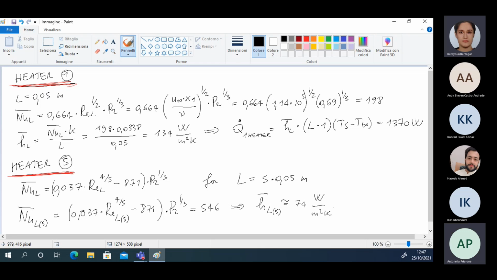The sense is, now I do again the sketch of my plate. Heater number 1, 2, 3, 4, 5, and 6. Up to this zone, I have laminar, then I have turbulent flow.